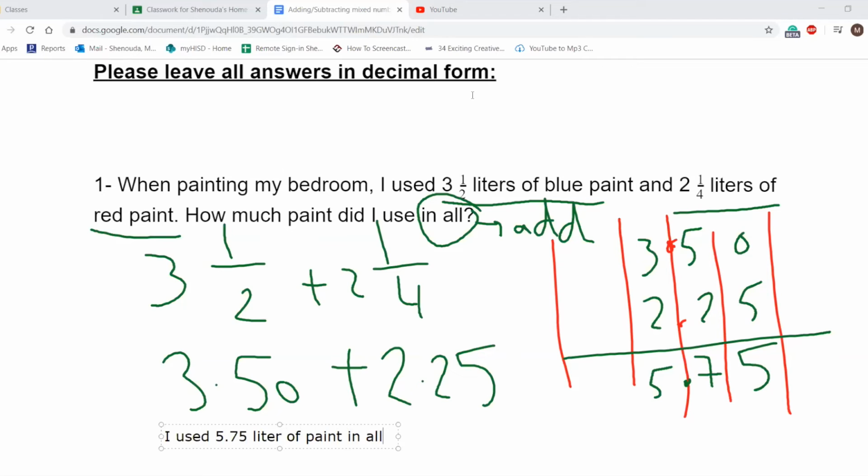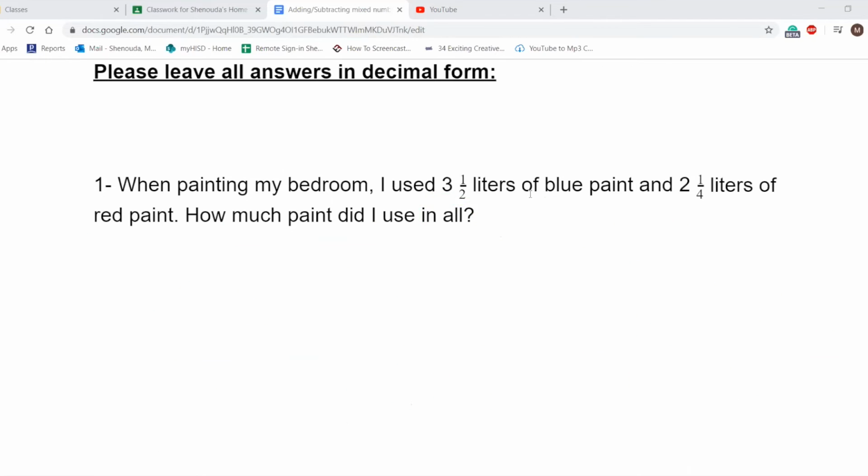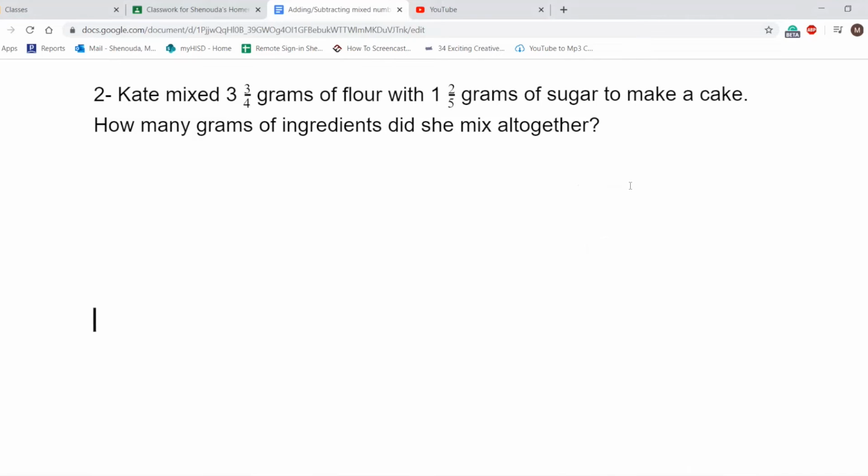Let's look at another problem. Number 2 says Kate mixed 3 3/4 grams of flour with 1 2/5 grams of sugar to make a cake. How many grams of ingredients did she mix all together? I should start by underlining all the information I'm given, which is 3 3/4 grams of flour and 1 2/5 grams of sugar.